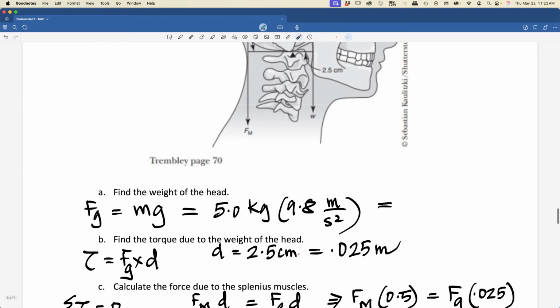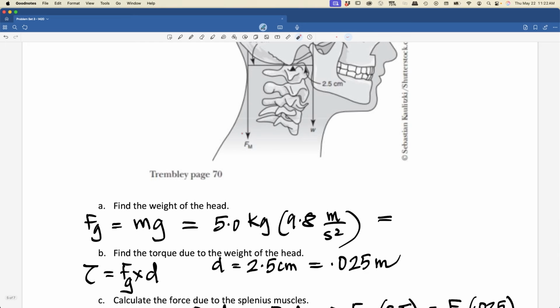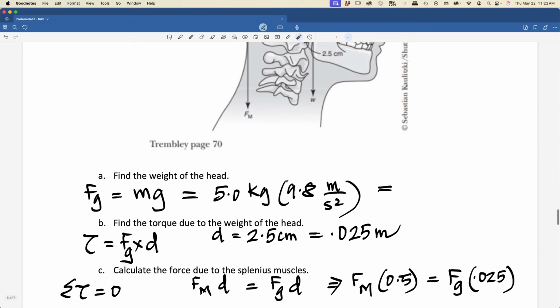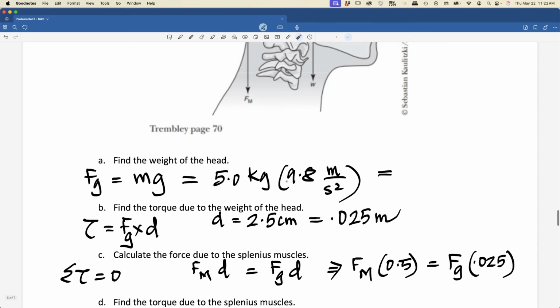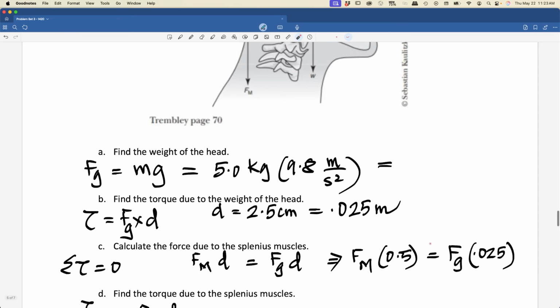Next, calculate the force due to the splenius muscles, okay? Now what you have to do is you have to know the force in the muscle, which we do not know, so we will just put it as F sub m times D, which is 0.5, and set it equal to Fg times 0.025. Actually, the answer that you got here.